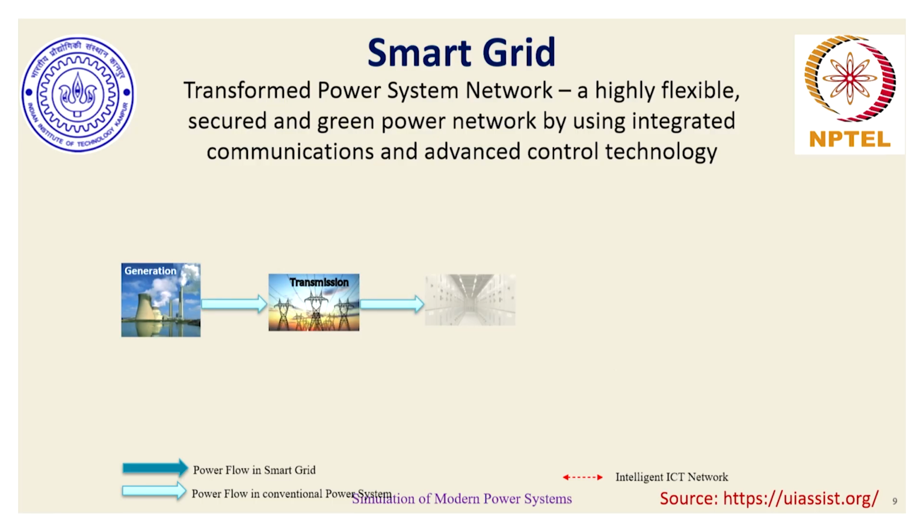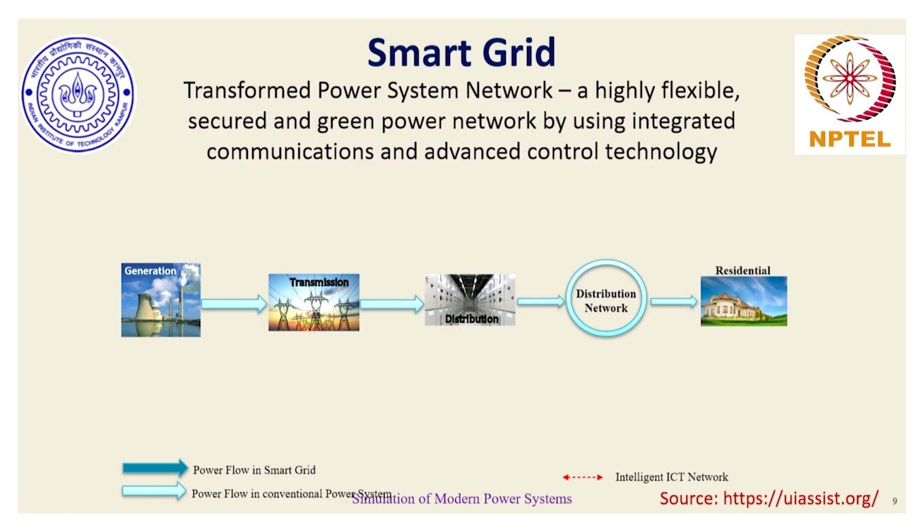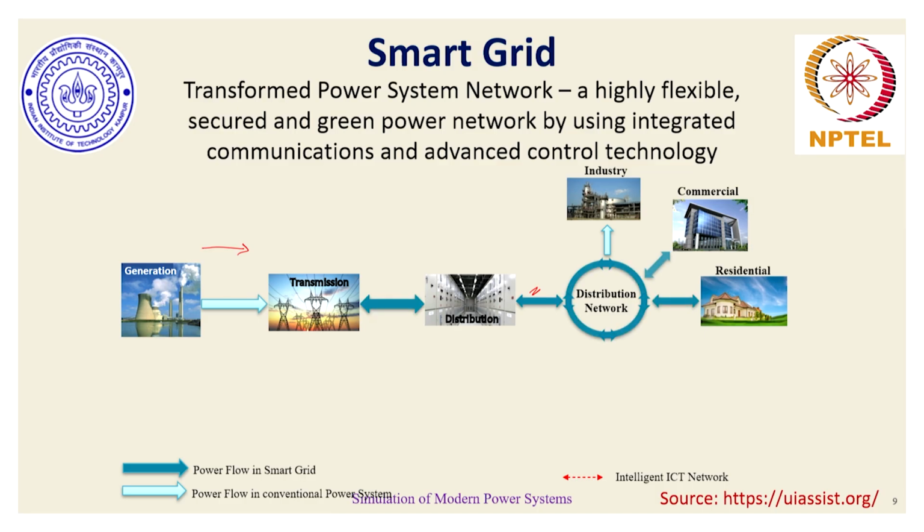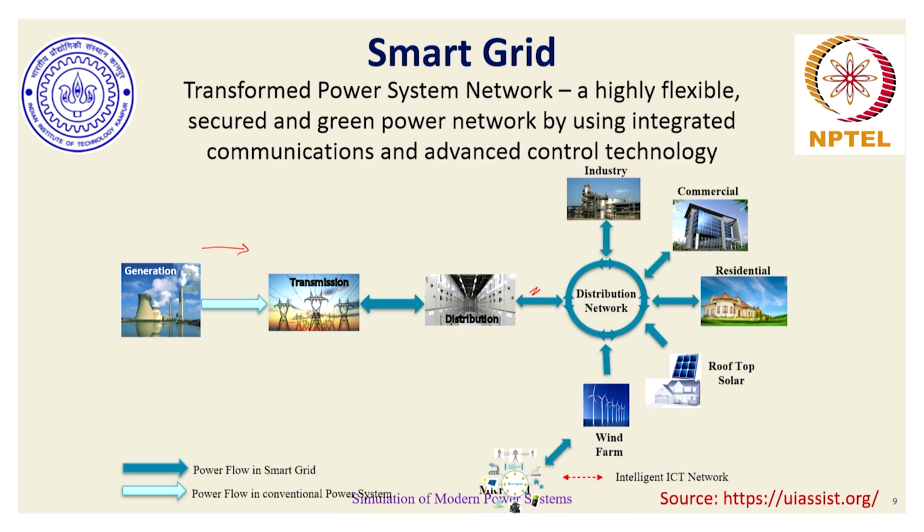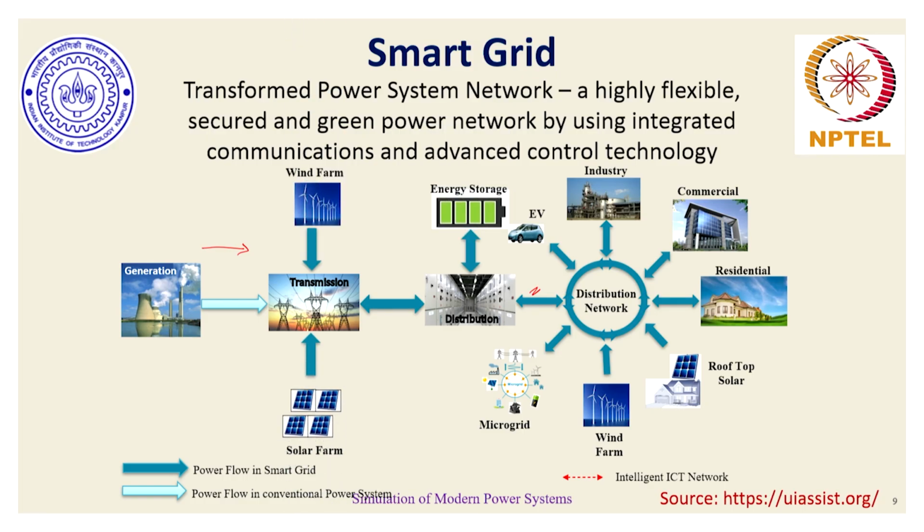Coming to the notion of smart grid, the diagram that we see here, the light colored blue lines pertain to the flow of power in a conventional power network, where the power flow was all from one end to the other, from generation to the residential, commercial and industrial loads. With the evolution of smart grids, which talks both about the electrical power network as well as the communication infrastructure, controllability came in, and with the development of renewable energy resources, the flow of power was no more unidirectional.